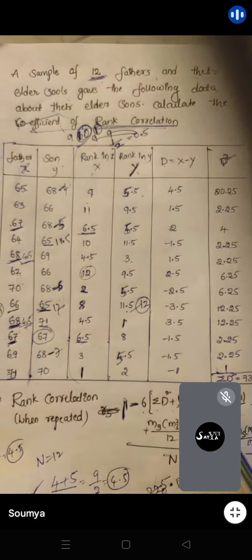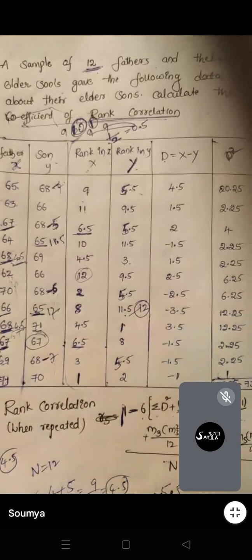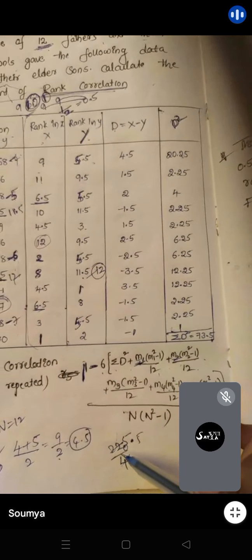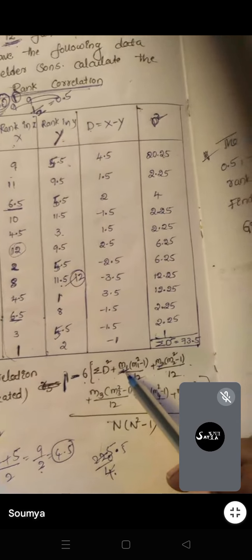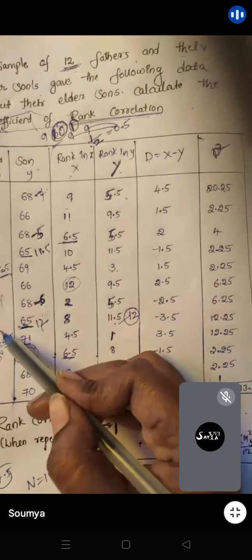Why I am taking 5 means here we have 2 repeated, right? So you have to take that. 2 times 67 repeated, 2 times 68 repeated. So I am taking here m1 into m1 square minus 1, m2 into m2 square minus 1.